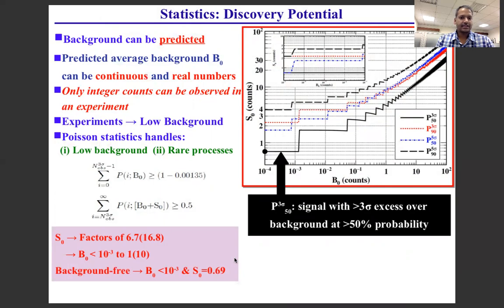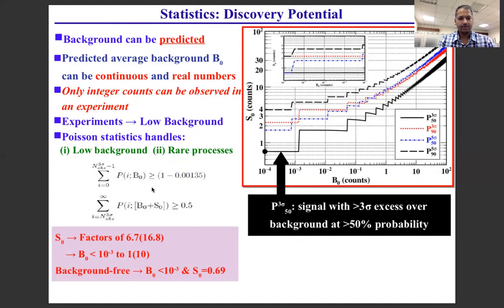That's why Poisson statistics become a good choice to handle such low background as well as real processes. We have developed a method to provide the strength of signal corresponding to a given background, which is shown here in this figure. On the x-axis is the expected background in counts, as well as the corresponding expected signal S0.